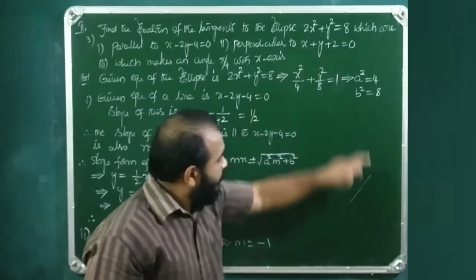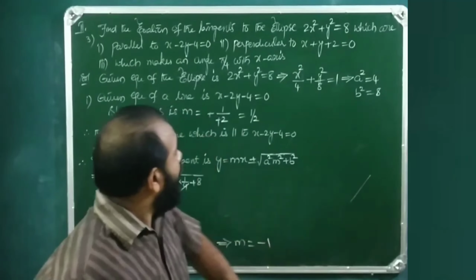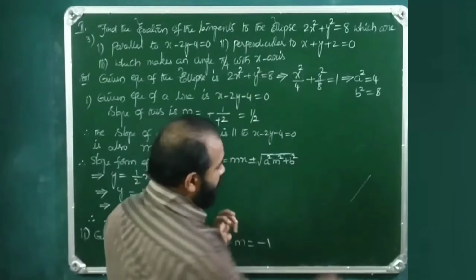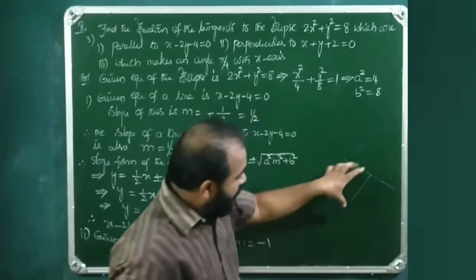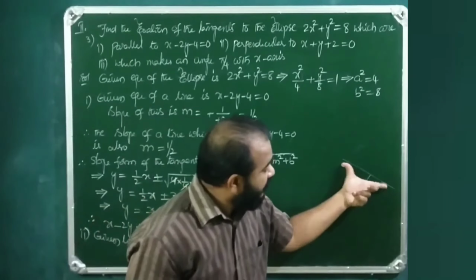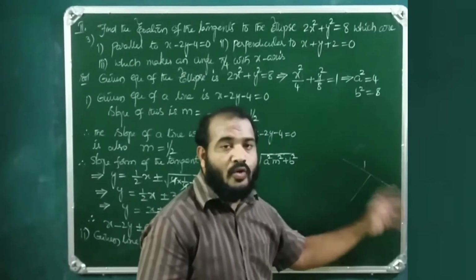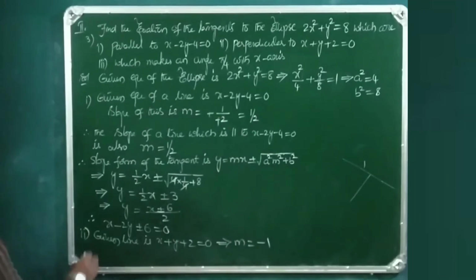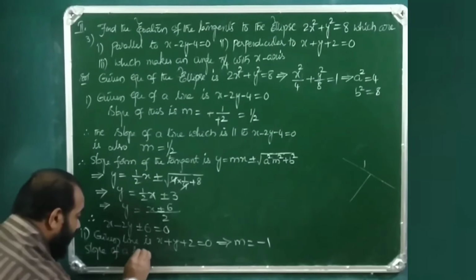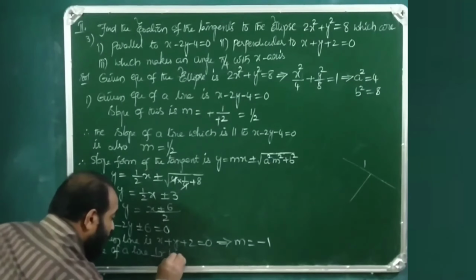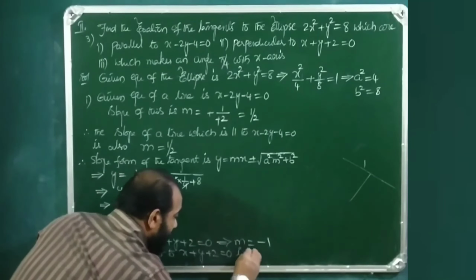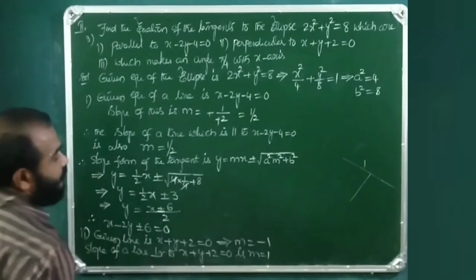The slope of the given line is minus 1, and the slope of the perpendicular line is 1, because the product of the slopes is minus 1. So the slope of a line perpendicular to x plus y plus 2 equals 0 is m equals 1.